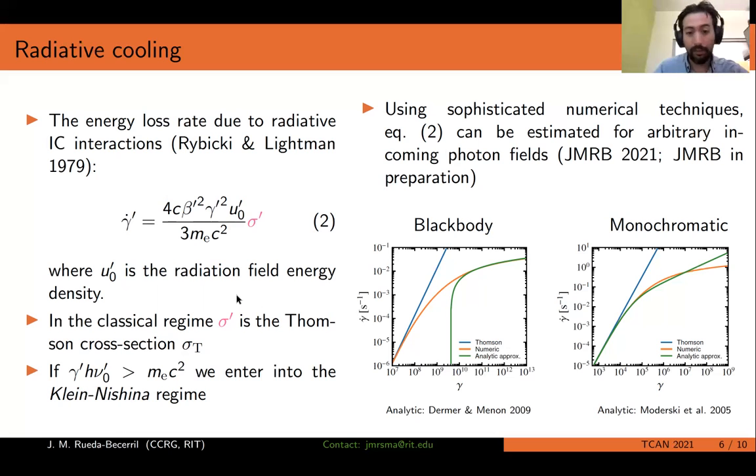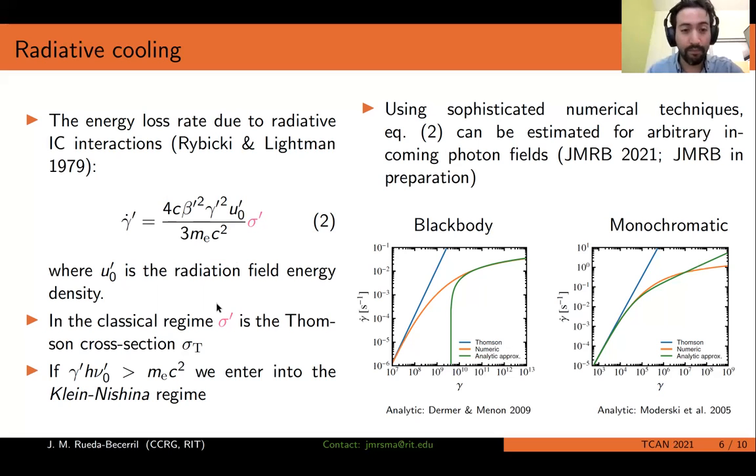So this extraction, or this transferring of energy from the particle to the photon, will be efficient or not depending on which regime it is in. If one reaches the Klein-Nishina regime, the transferring of energy will be different, because the cross section will be different.